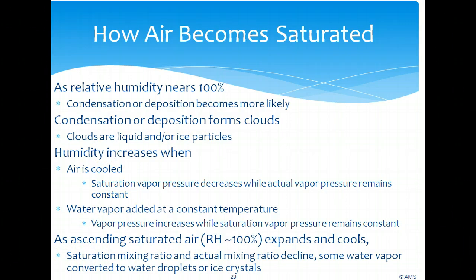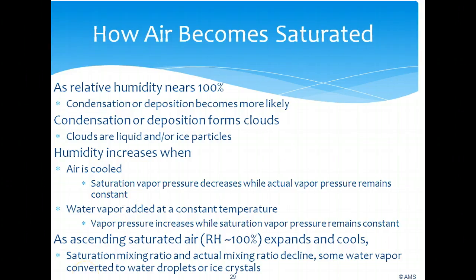We know that the relative humidity of unsaturated air increases when the air is cooled, since the saturation vapor pressure decreases while the actual vapor pressure remains constant, or when water vapor is added to air at constant temperature, so the vapor pressure increases while the saturation vapor pressure remains constant. We can say that expansional cooling is the principal means whereby clouds form in the atmosphere.